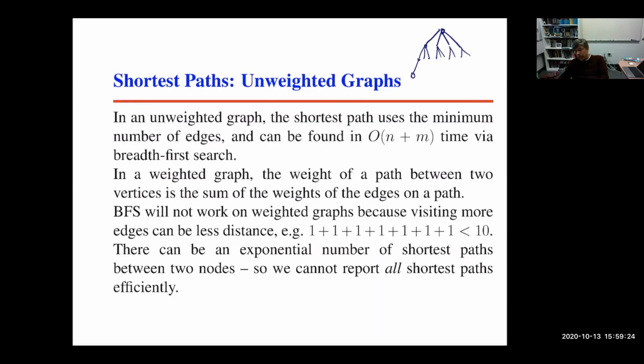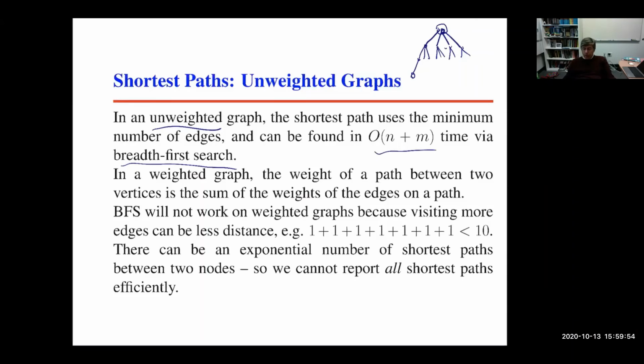It couldn't have been a distance of less than 3, because if it was a distance of 1, it would have been discovered here. And if it was a distance 2, it would have been discovered when exploring one of these vertices. Okay? So if I give you an unweighted graph, BFS is this way to find the shortest path. And you can do it in linear time in the graph. Any questions?